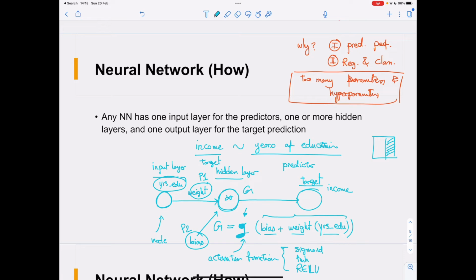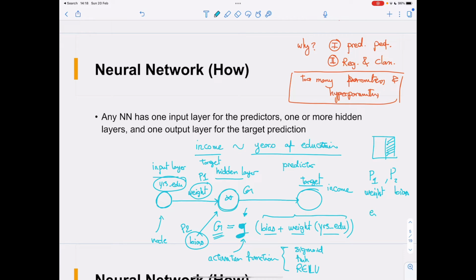So the algorithm tries to find the parameters P1 and P2 here. These are parameters. P1 is weight and P2 is bias in our example, in a way that this G is as close as possible to the actual target values.